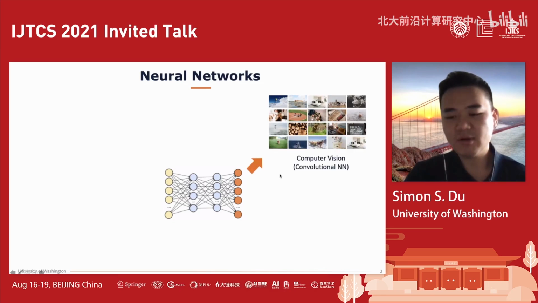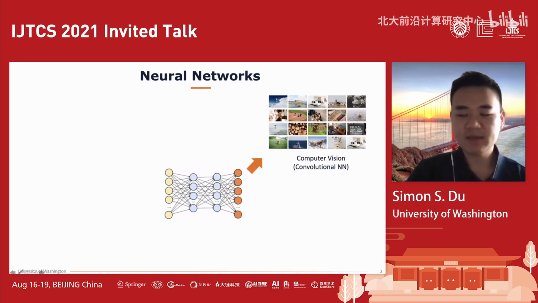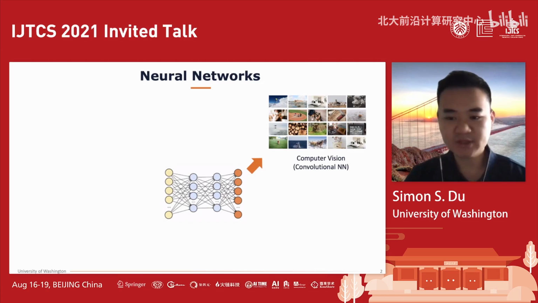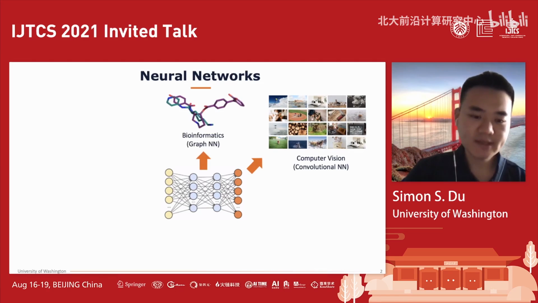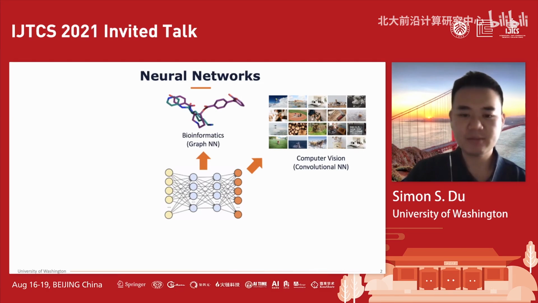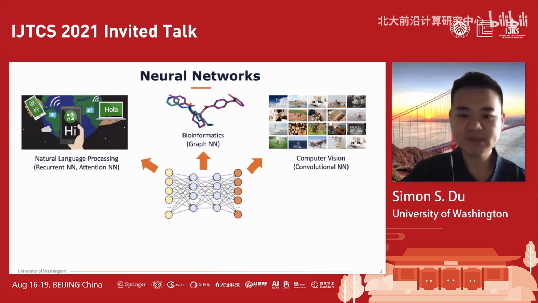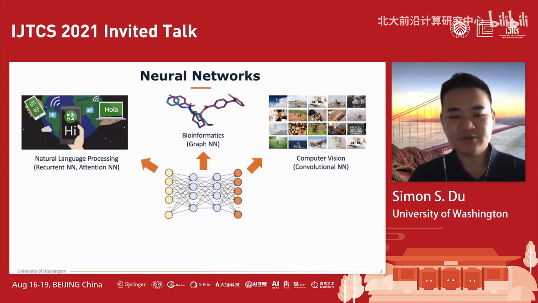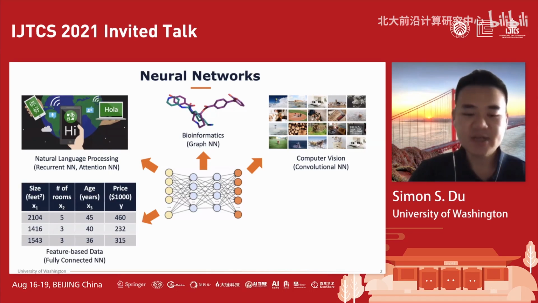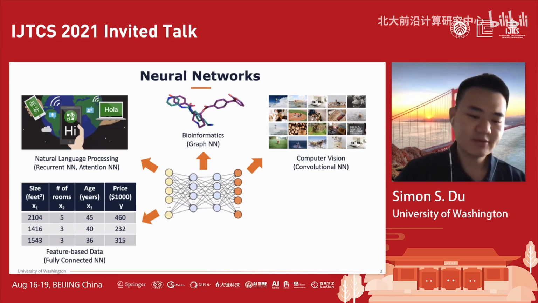For example, for computer vision tasks like image classification, we can use convolutional neural networks. For bioinformatics, like classifying molecules, we can use graph neural networks. We can use recurrent neural networks and attention-based neural networks for natural language processing tasks, like machine translation. And generally, we can use the most basic neural network, the fully connected neural network, for feature-based data.